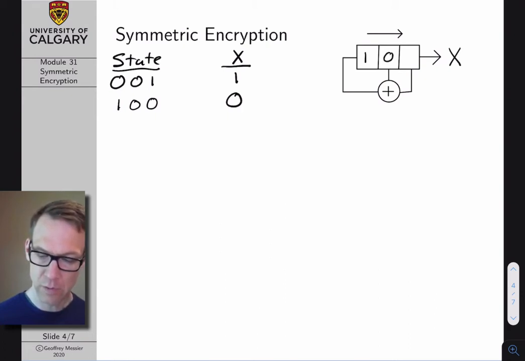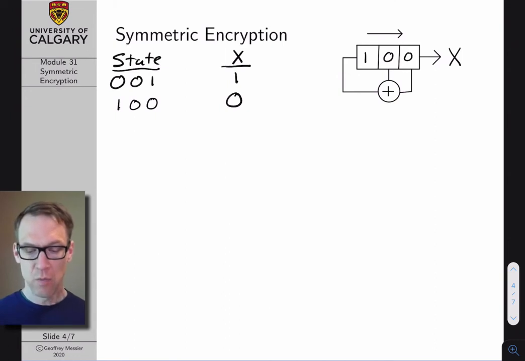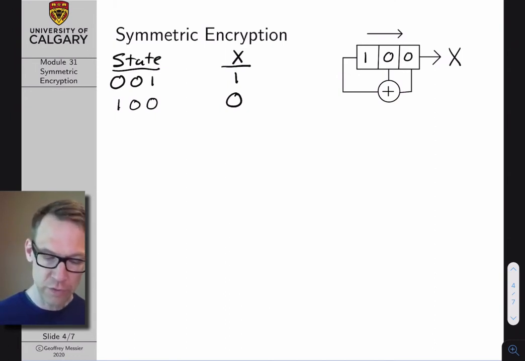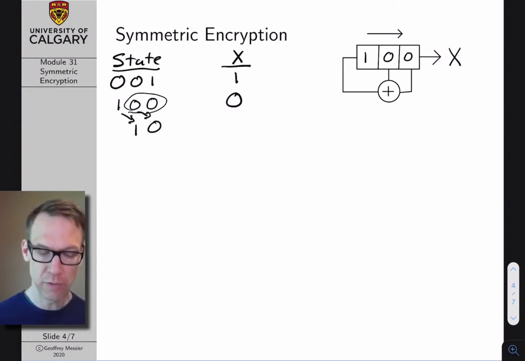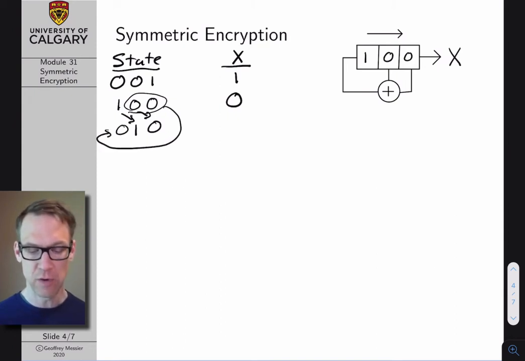1, 0, 0. When we want the next bit in our scrambling sequence, we shift the 0, the 1, and then we take 0 exclusive ORed with 0, shift it around, and so our next state is 0, 1, 0. And again, it's this sort of feedback tap structure.